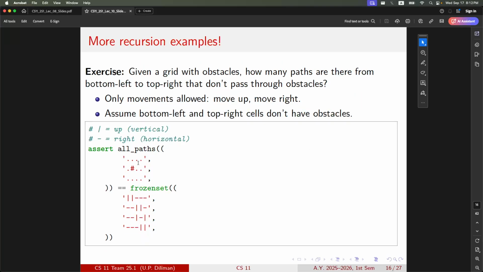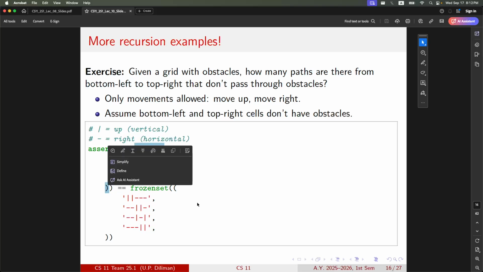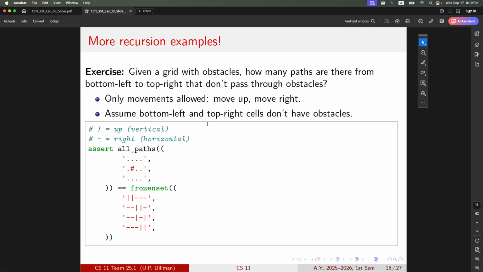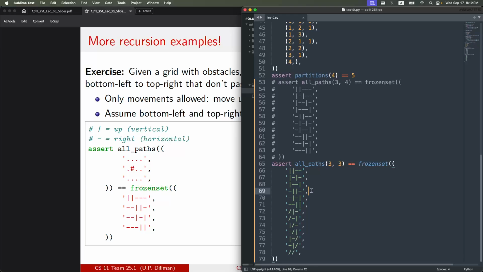One more. So the only movements are up and right, but there are obstacles. But this one needs an actual grid. So we start from the bottom left again, then you want to go to the top right. So this is a different function now.